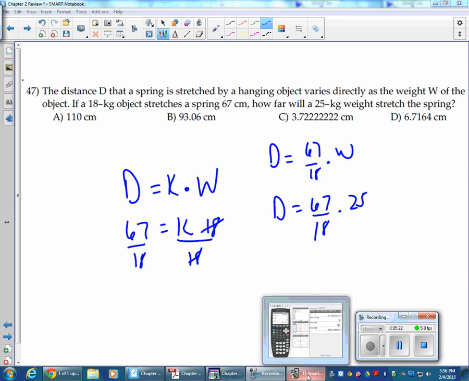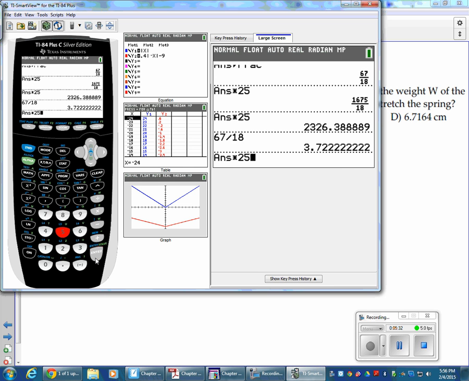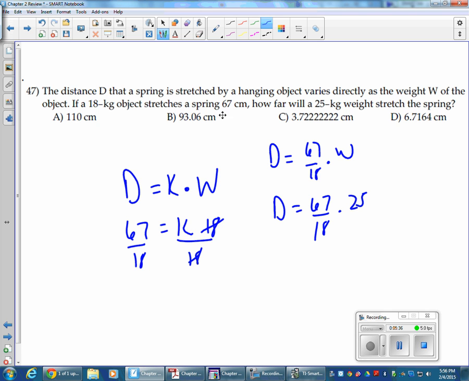Okay, I think the problem was that I entered times 25 twice. Let me try this again. 67 divided by 18, enter, times 25 is, that looks better, 93.05, looks like 93.06 would be my answer. Sorry about that, but if I start again, I would have to do 6 more minutes of recording, so I just wanted to figure out what happened.